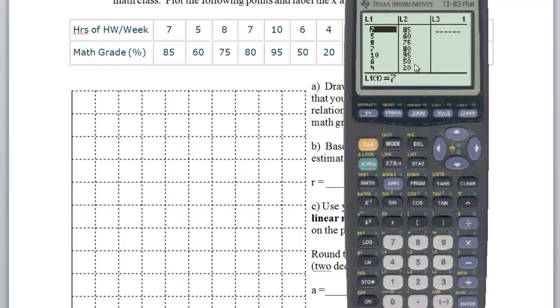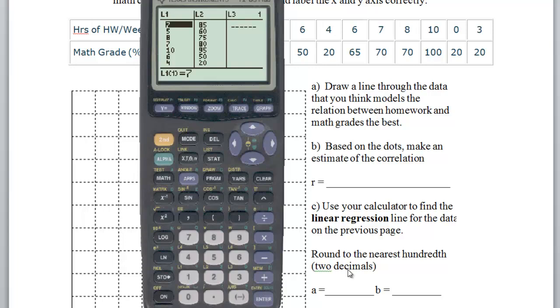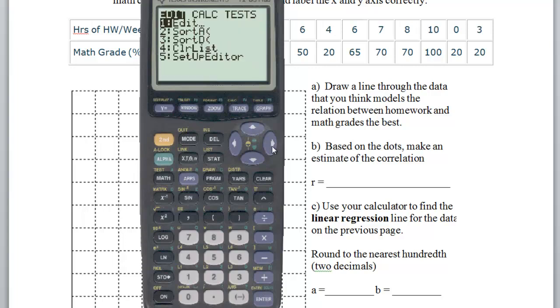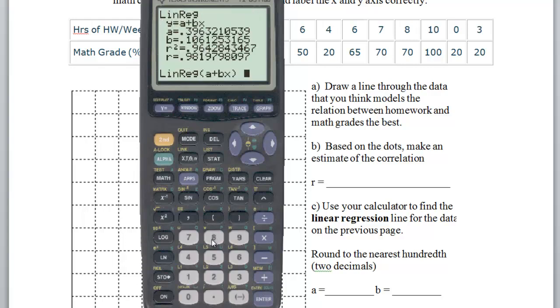and that's where you would get those two lists. Now, to get your R value, the actual R, A, B, and Y prime values, you would have to go stat, right, 8, enter. Now, this also is a calculator that has its diagnostics turned on.